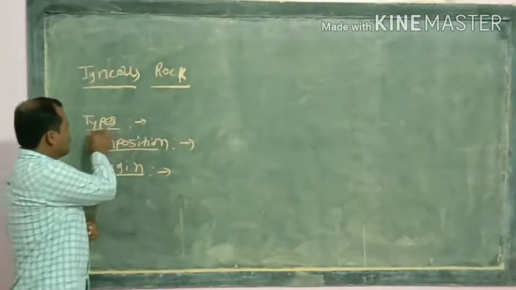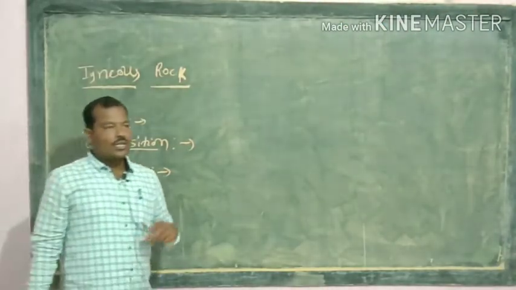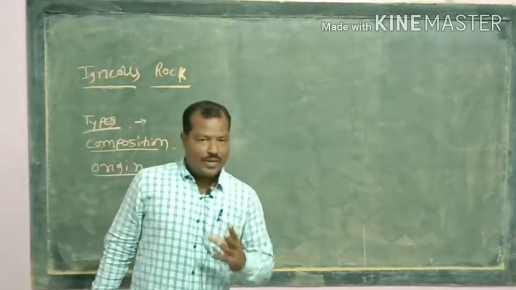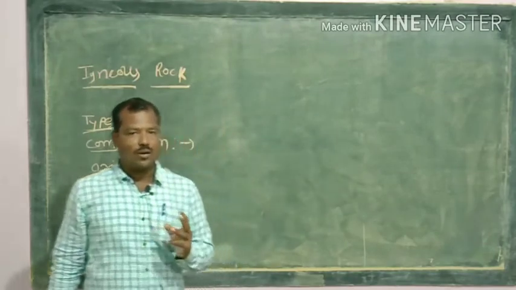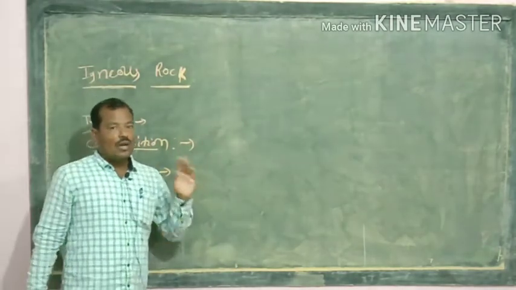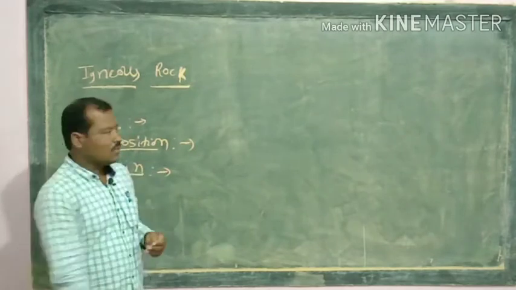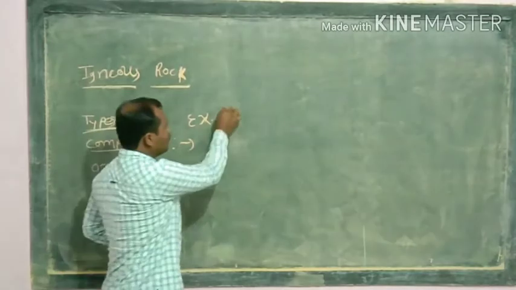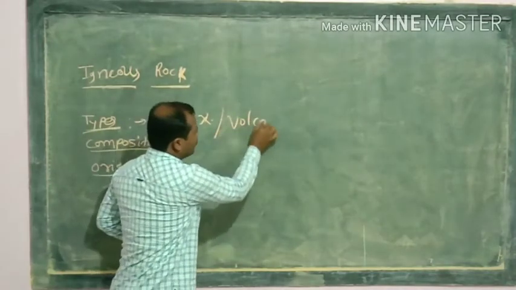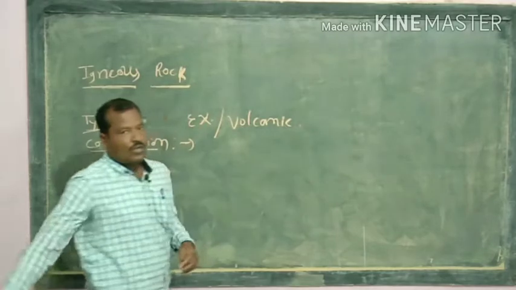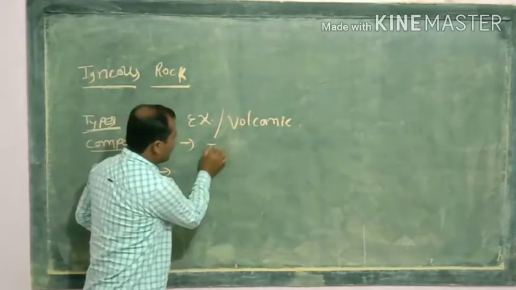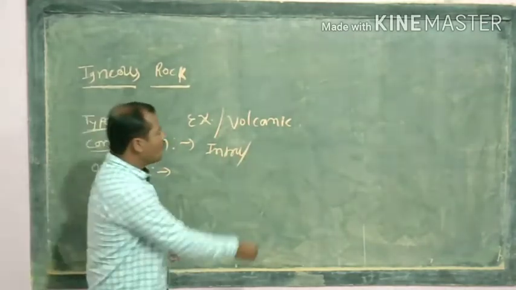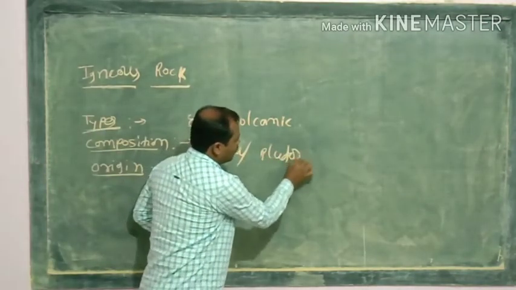Magma. The types of igneous rock we have already discussed in the last lecture. There are three main types: igneous rock, sedimentary rock and metamorphic rock. Out of these, in igneous rock, again there are three types. The extrusive igneous rock, also called volcanic igneous rock. The second one is the intrusive igneous rock, also called plutonic igneous rock.